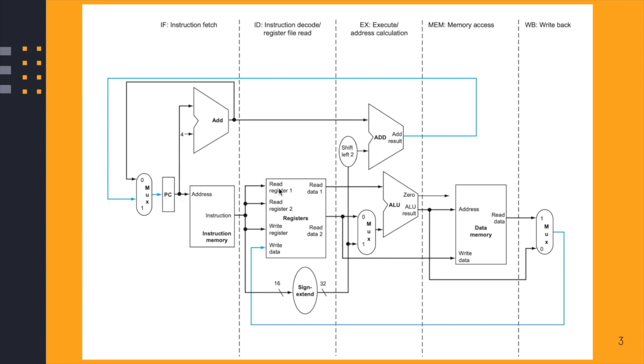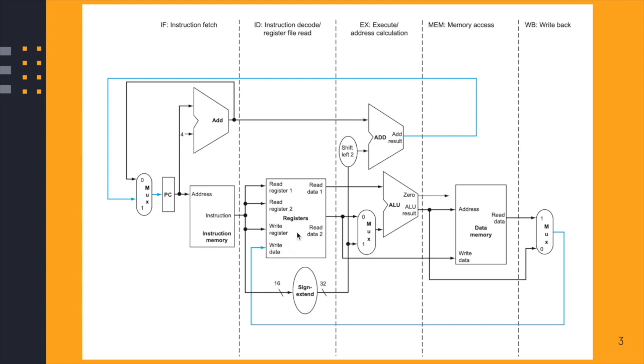But all of the other registers, like the saved registers S0, S1, etc., the temporary registers T0, T1, etc., even the argument registers and the return value registers, all of our 32 registers are present inside this register file.